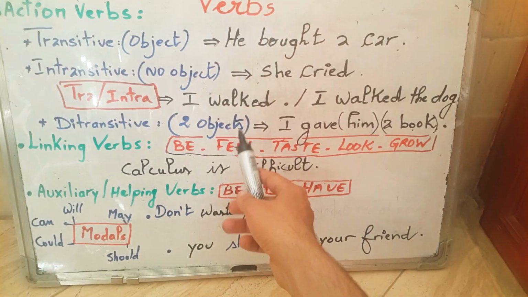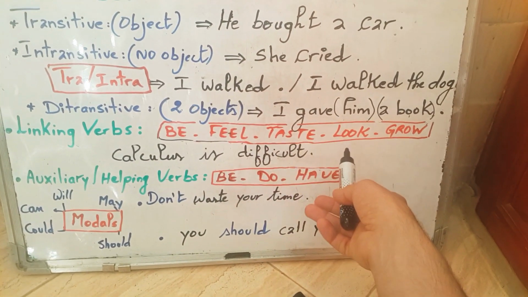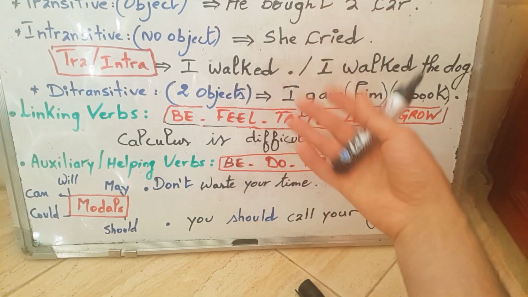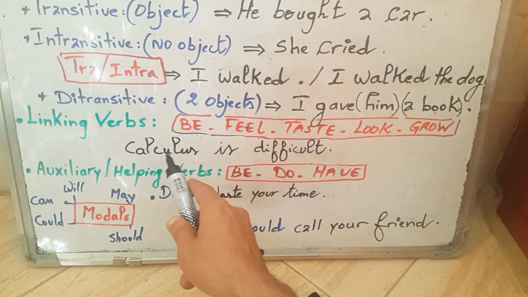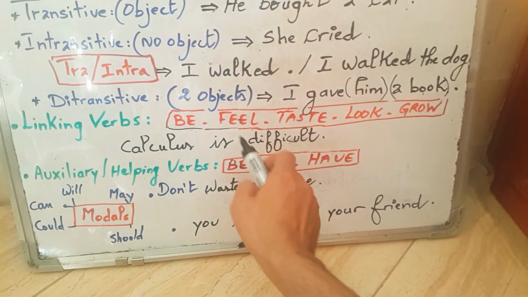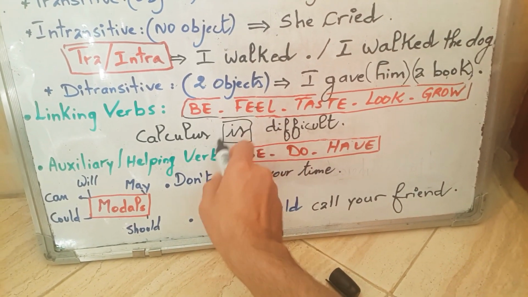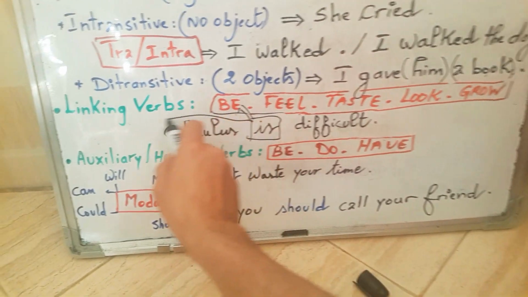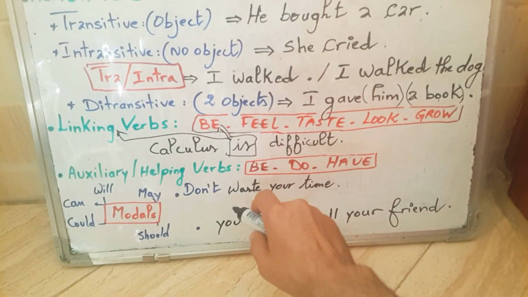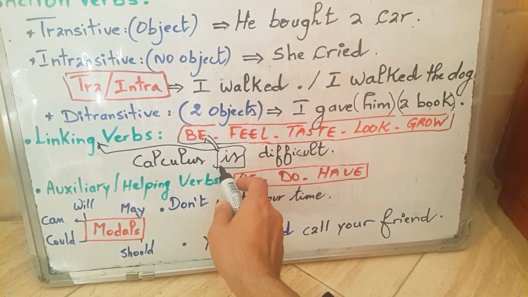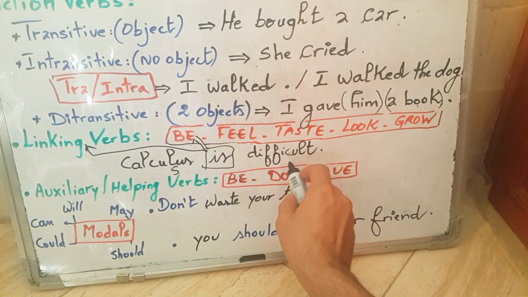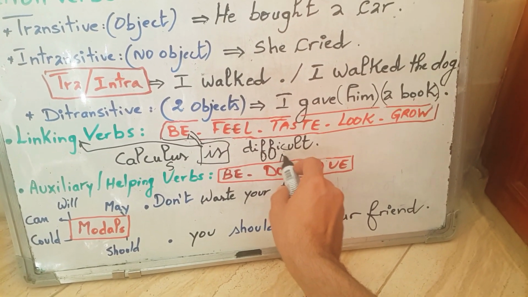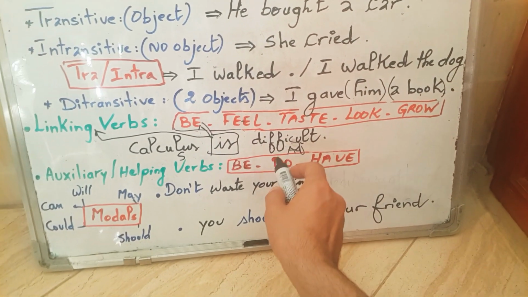But we have other verbs like feel, taste, look, grow, become, appear. Calculus is difficult. Okay? So this is the form of the verb to be, which is used as a linking verb to connect the subject and the subject complement. So here we have the adjective.